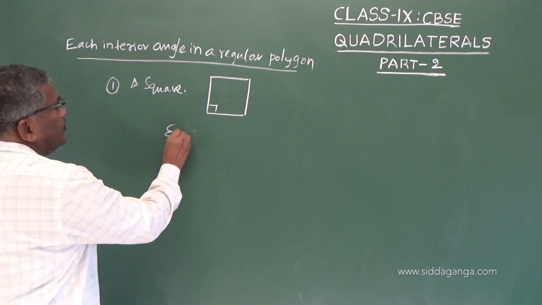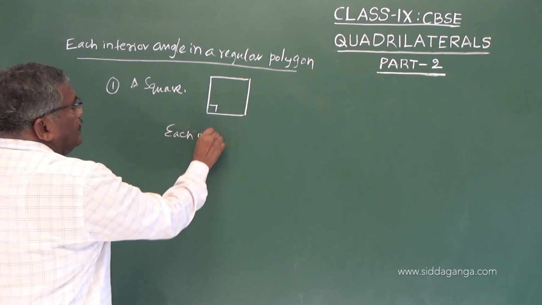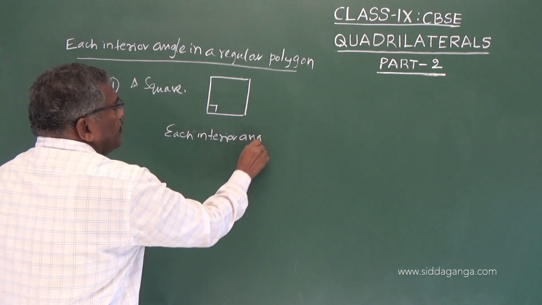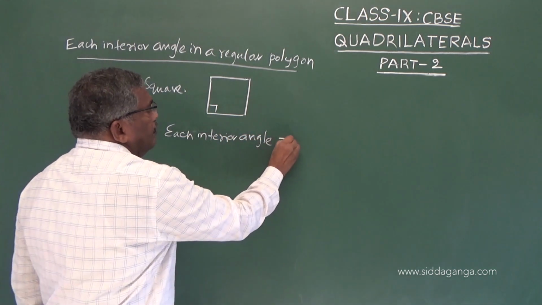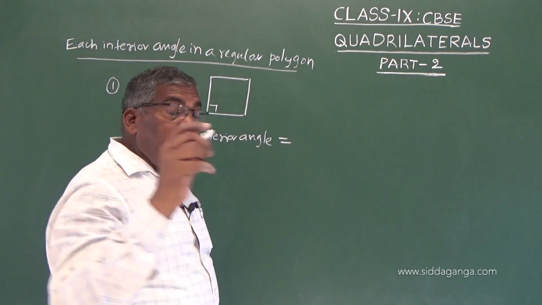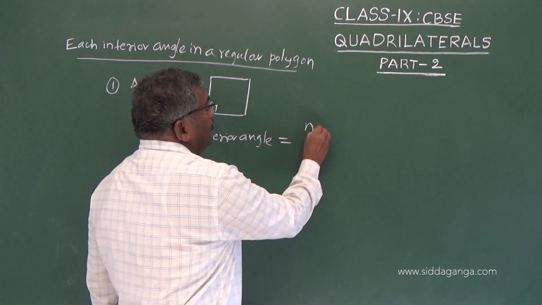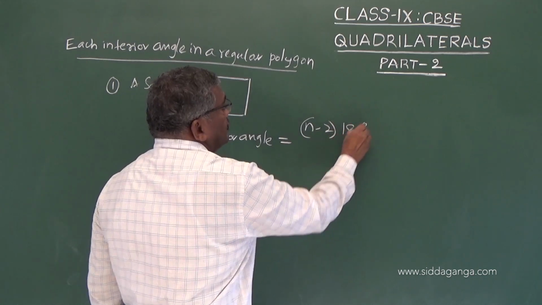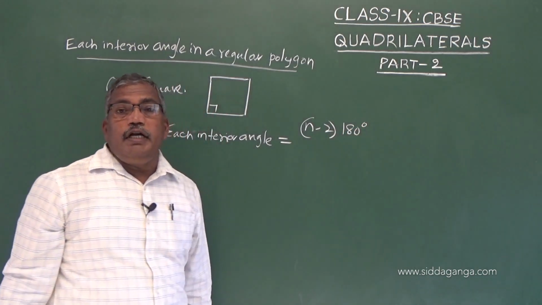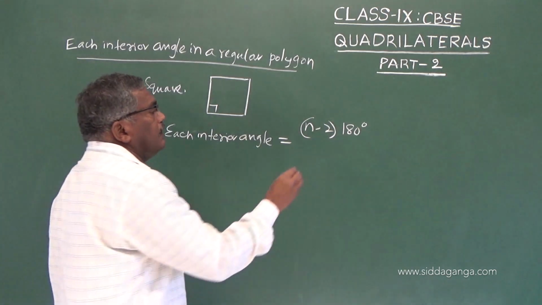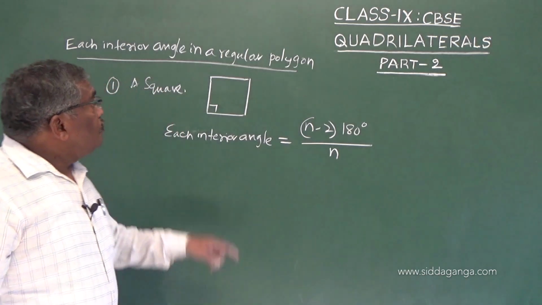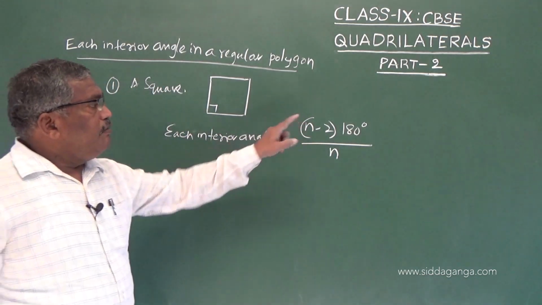So each interior angle equals the sum of total angles, that is n minus 2 into 180 degree, divided by n. This is the general formula for a regular polygon. So for a square, n becomes 4.